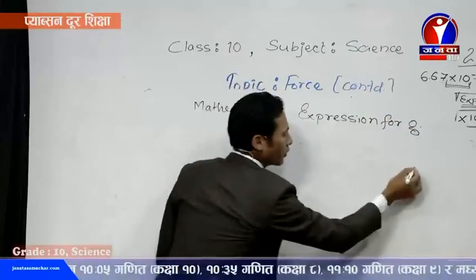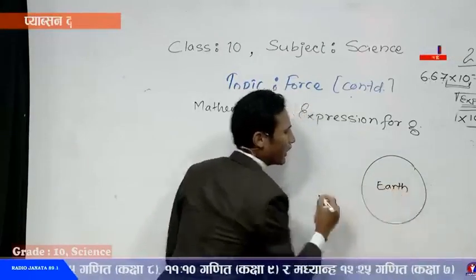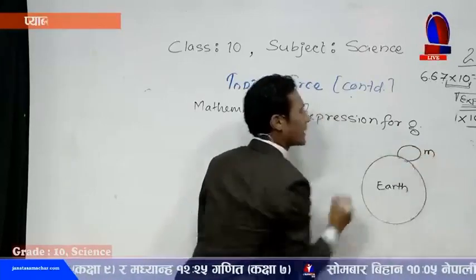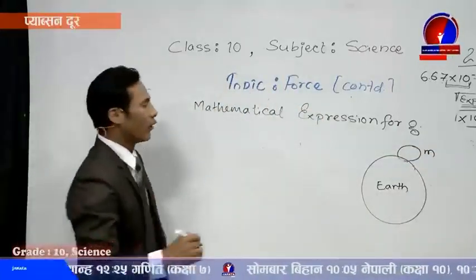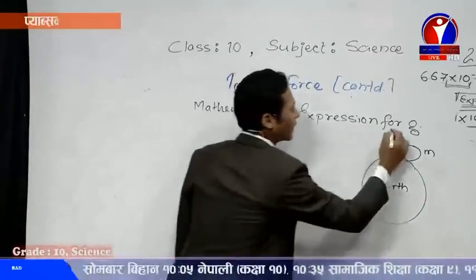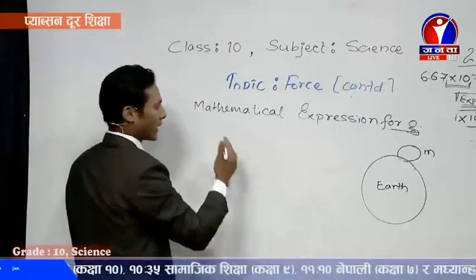So this is the Earth, and this is a small object, let's say of mass small m. We are going to calculate the acceleration due to gravity, this g.